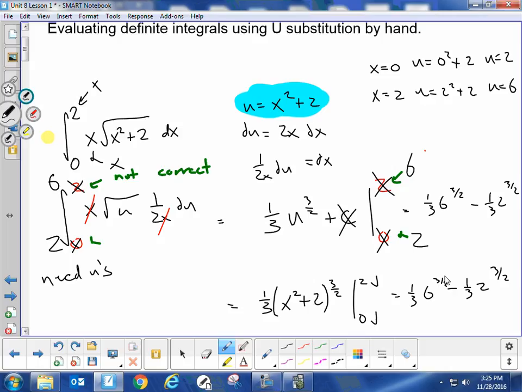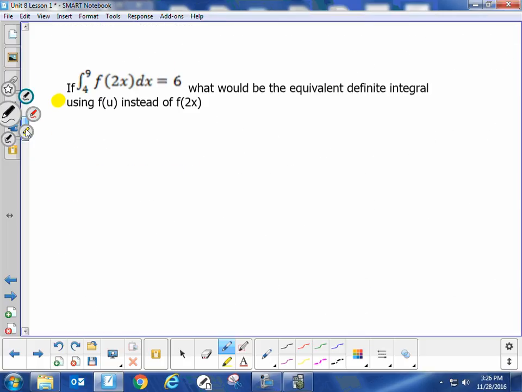Now you might be thinking, well, Mr. Messner, I'm just going to do them with x's, so why do I need to know this? I'm just going to plug this back in and keep the x's. Well, because you will have questions like this, where you have an integral and they will ask you on an AP test to write a new integral with just u's, and it's almost like fill in the blanks here.